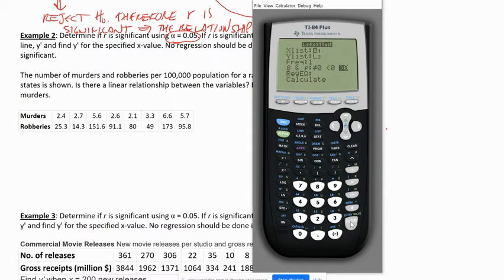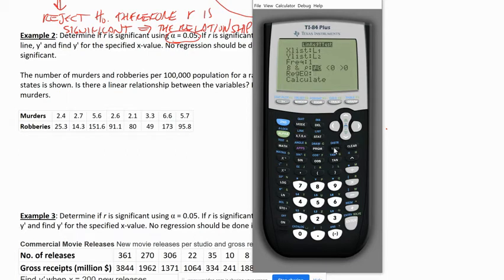We have our data in list 1 and list 2. And in this case, we're saying that the correlation coefficient is not equal to 0.